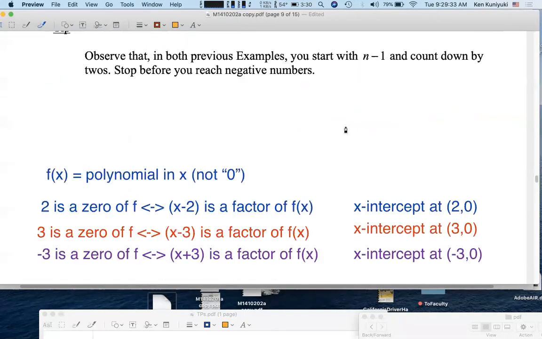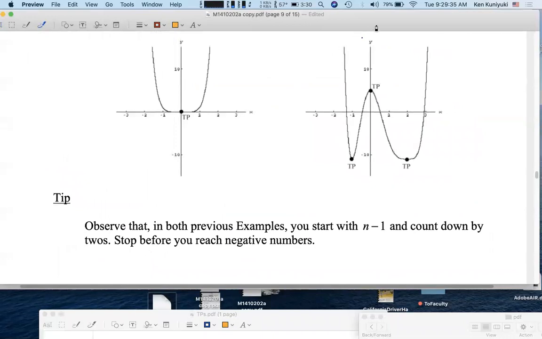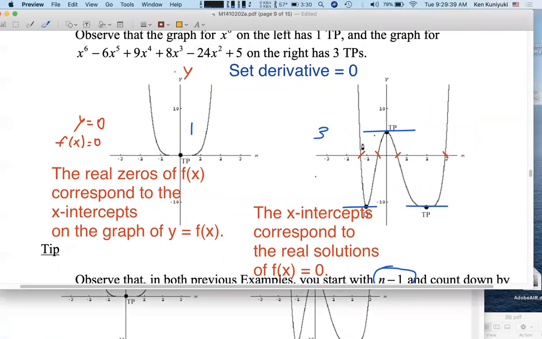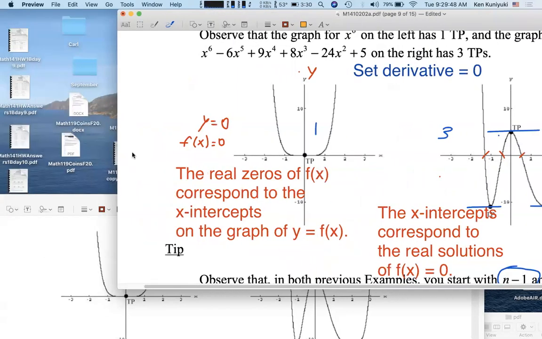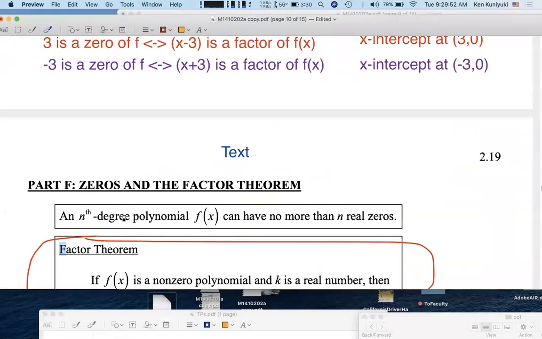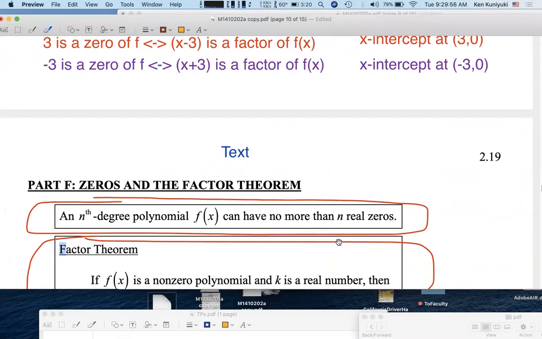And also, remember that with turning points, for an nth degree polynomial graph, we could have at most n minus 1 turning points. Actually, we could have as many as n real zeros, or n x-intercepts. An nth degree polynomial can have at most n real zeros, and therefore n x-intercepts.